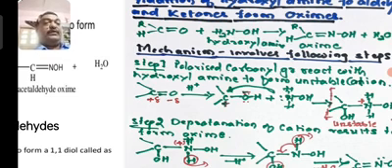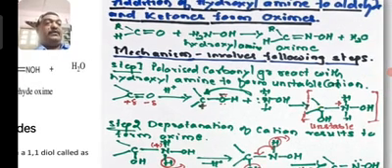Further, when the amino group attacks, there is a formation of an unstable molecule, with the lone pair of electrons shifted to the OH group, making the nitrogen positive.